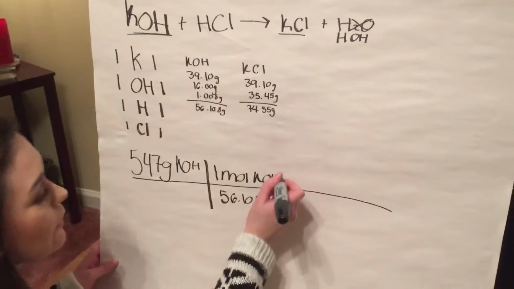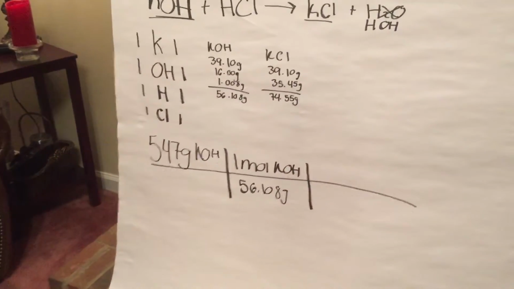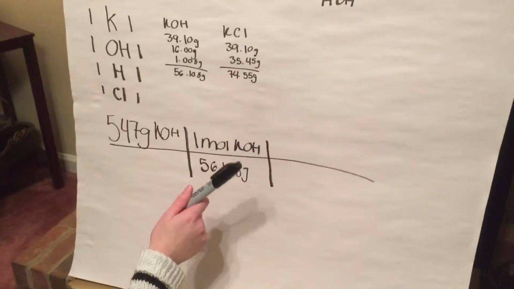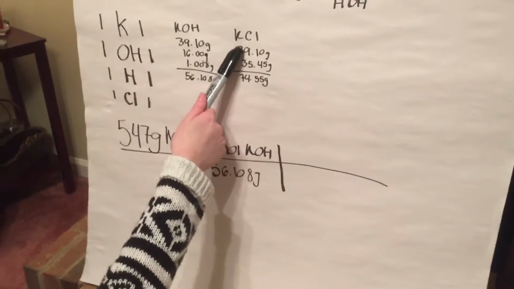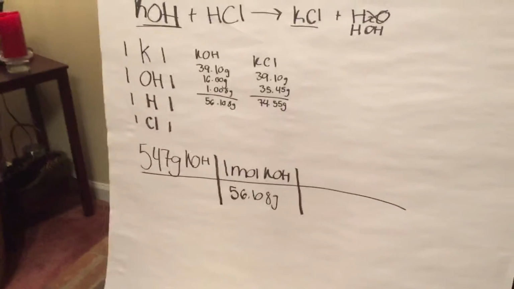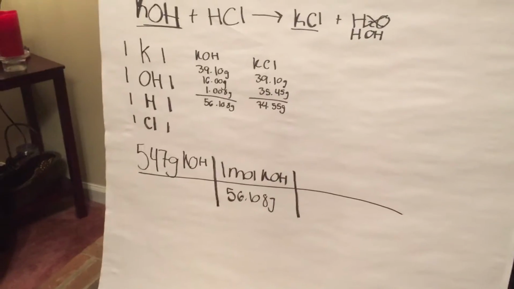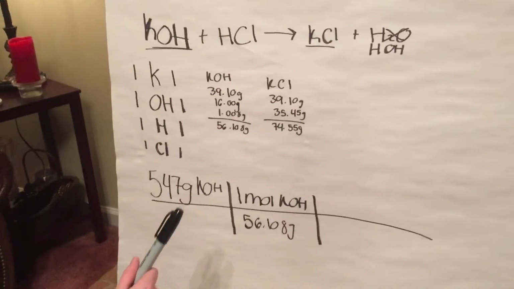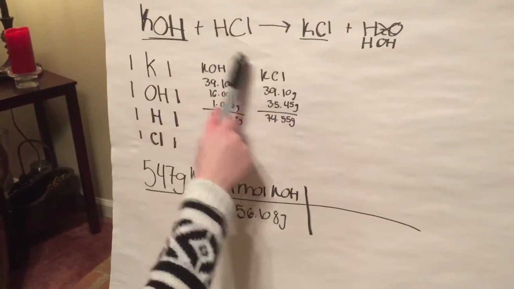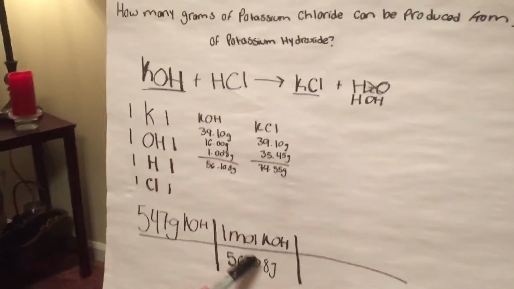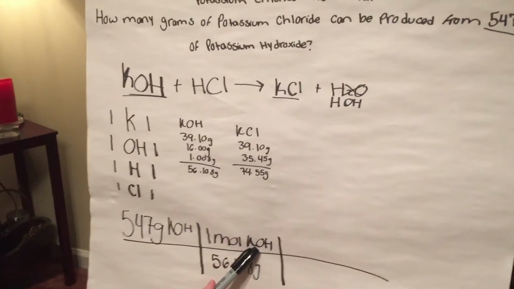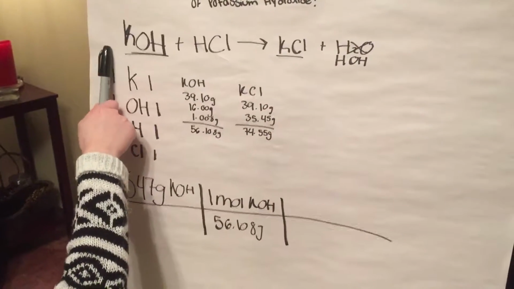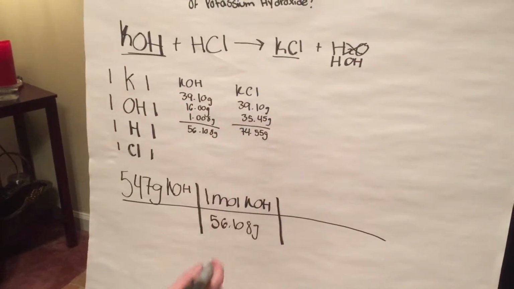Alright, so now that we have that, what we want to do is convert potassium hydroxide, KOH, to potassium chloride, KCl. In order to do that, we need to make our molar ratio, and the molar ratio is the ratio of moles between molecules. If we look at it, we have one of every molecule. So we have one potassium hydroxide and one potassium chloride.